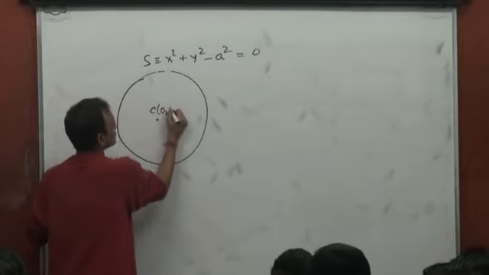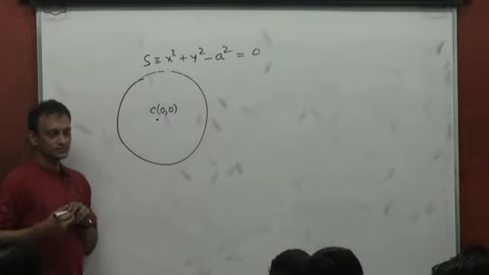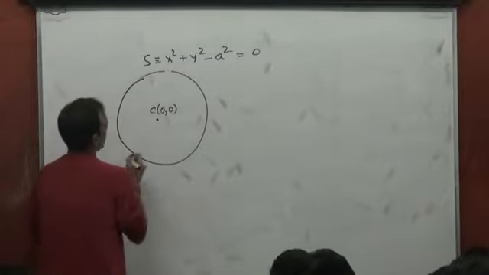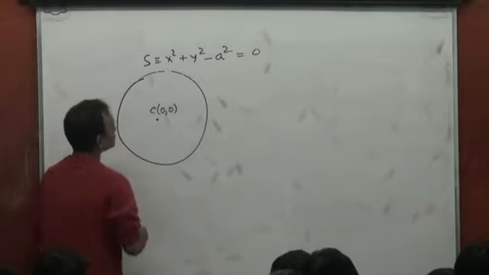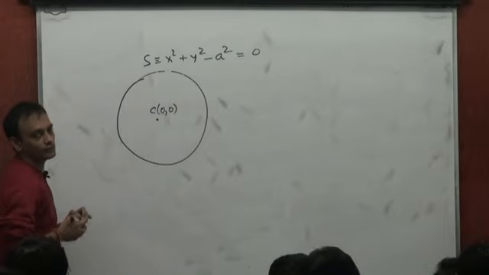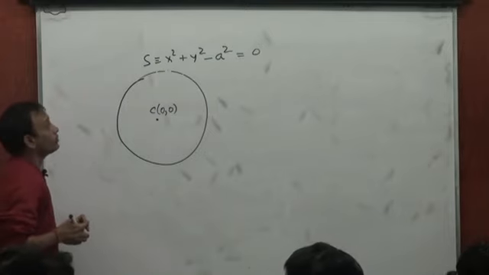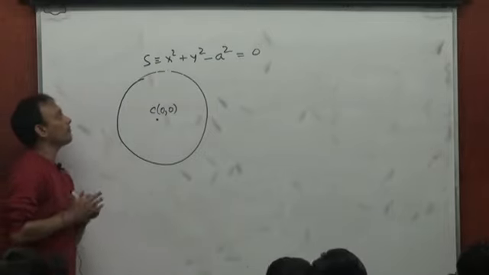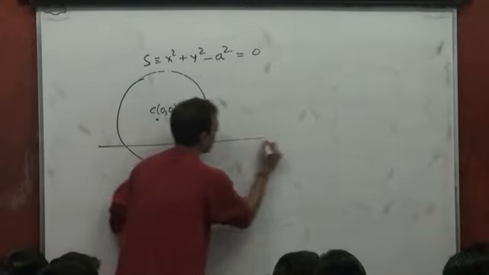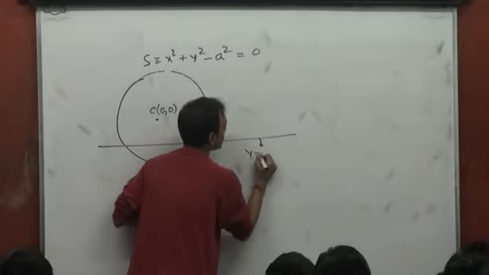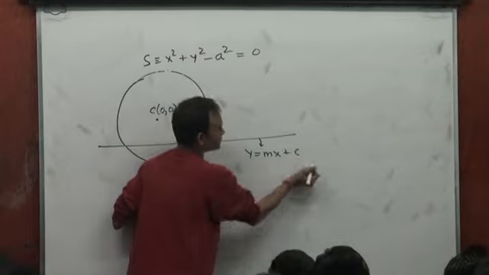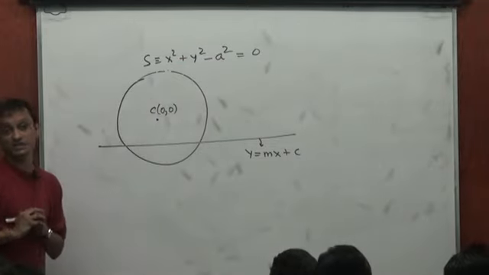Center C of the circle is 0, 0. Now, this is a straight line, say y equal to mx plus c.